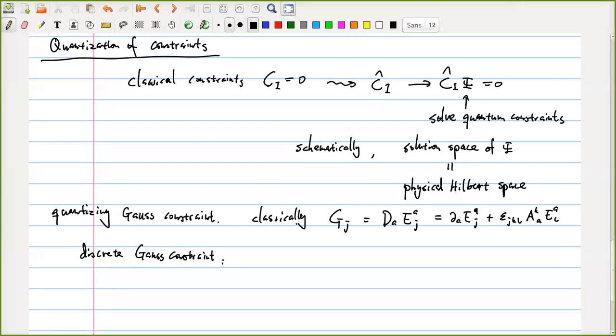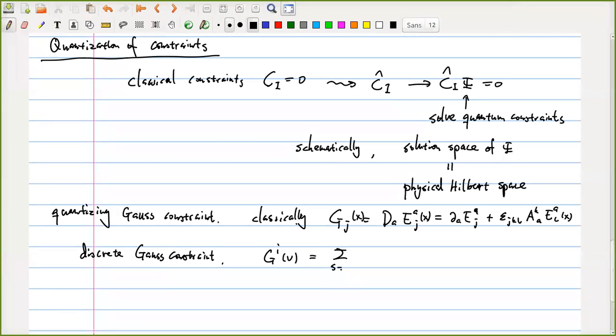Now let me just give you the result. It is your homework to verify that the continuum limit of this expression indeed gives you the continuum Gauss constraint. The continuum Gauss constraint is defined at every point x. When you discretize the expression, you get the Gauss constraint at every vertex. So this is defined at a given vertex I, as a sum over all the 6 edges around the vertex.